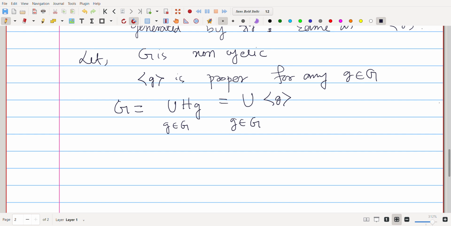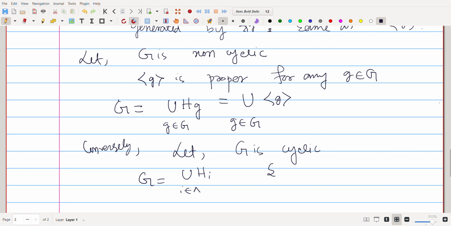Okay, now conversely, let G be cyclic. Then we need to show that G is not a union of its proper subgroups. So if possible, G is the union of Hi, i belongs to some indexing set, and each Hi is proper.